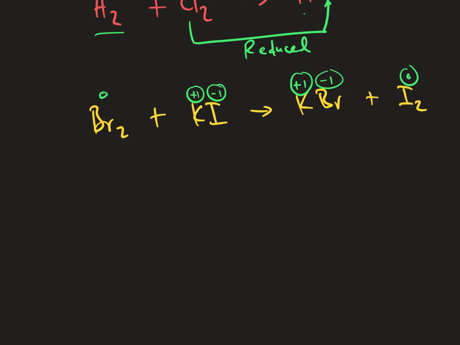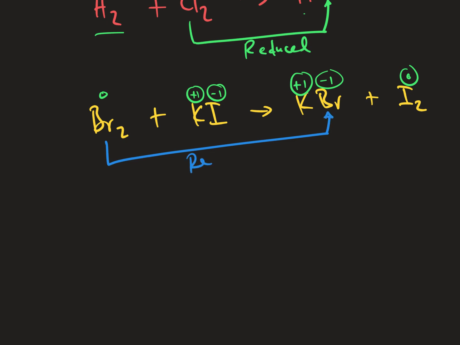So what kind of reaction is this? Is this oxidation reduction? Yes or no? Do we have a transfer of electrons? If we have a reduced and an oxidized, then yes, it is. Is there any that's reduced? Bromine is reduced. Bromine goes from 0 to -1.